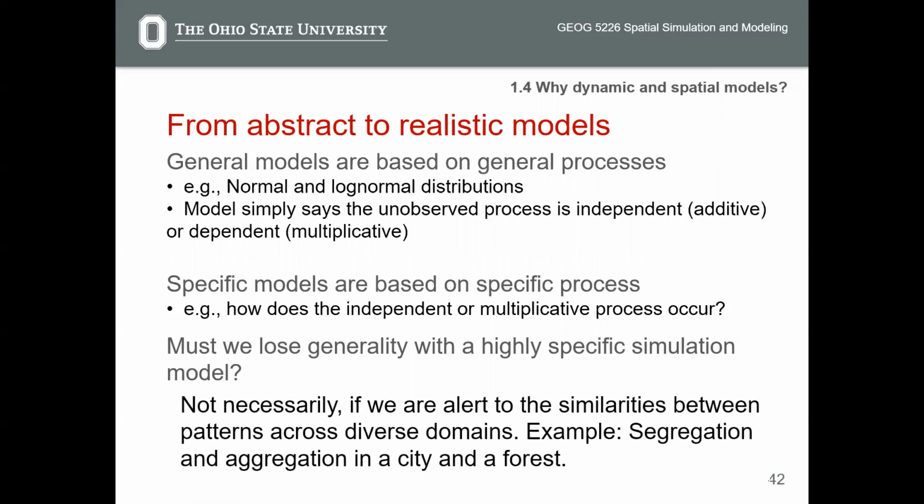If we are alert to the similarities between patterns across diverse domains, for example, segregation and aggregation in a city and a forest, once we establish a model to address segregation and aggregation of different groups in a city, we can use it to simulate a forest, because a city and a forest share similar features.